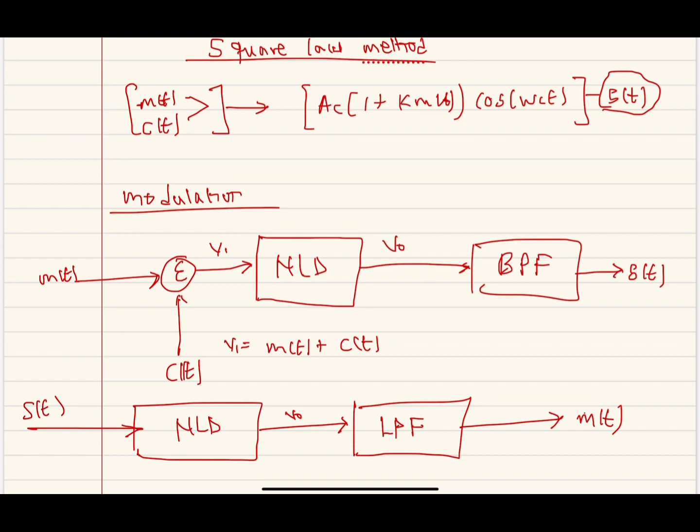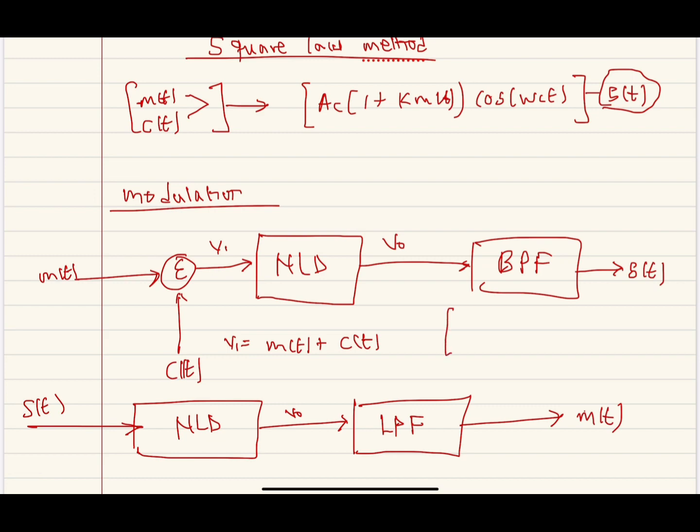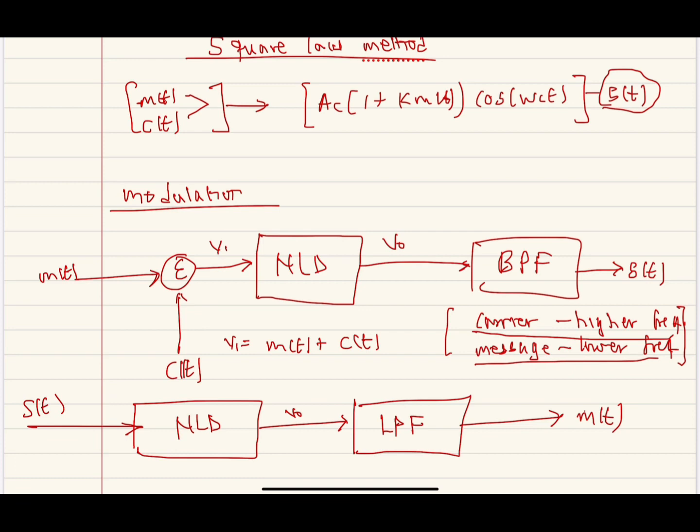And in one of my tutorials, I was saying that the carrier signal has a higher frequency and the message signal has a lower frequency. And we use this carrier signal, which has a higher frequency, to modulate the message signal, which has a lower frequency.